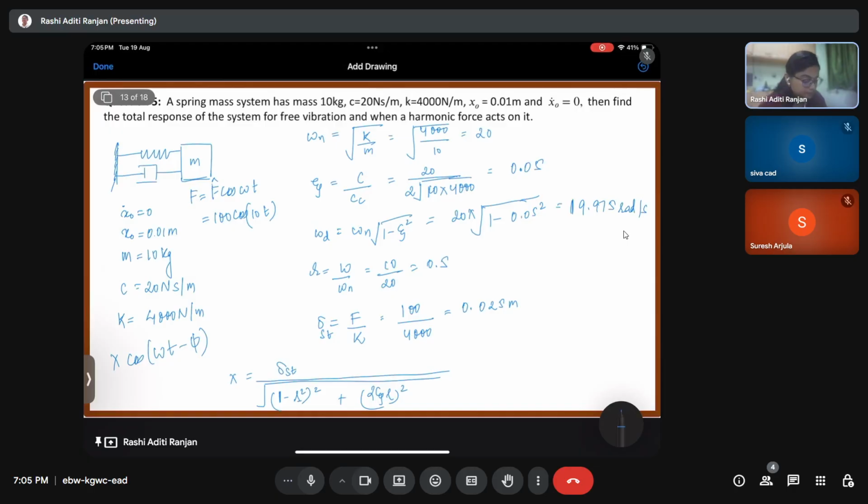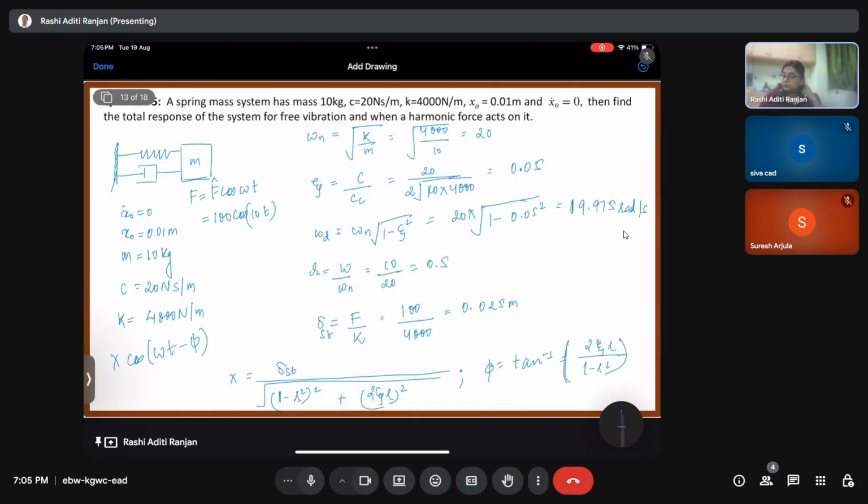And phi is nothing but tan inverse of 2 eta r divided by 1 minus r square.